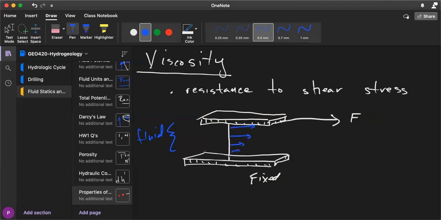My fluid velocity profile in this experiment would look something like this. It'd be moving at the velocity of the plate right at the top, and then it would be fixed at the bottom. What viscosity tells me is how hard I have to pull this plate to get that fluid moving.